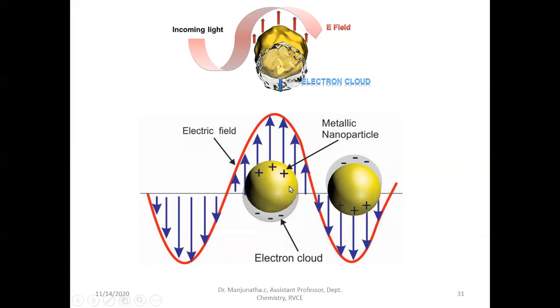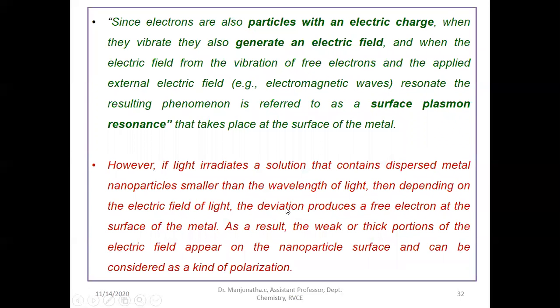This is clearly representing how the electron cloud, called the plasmon wave, is vibrating in phase with the incident electromagnetic radiation.